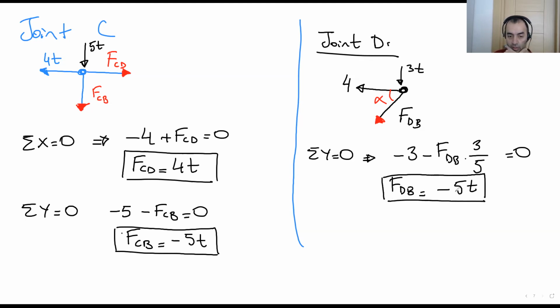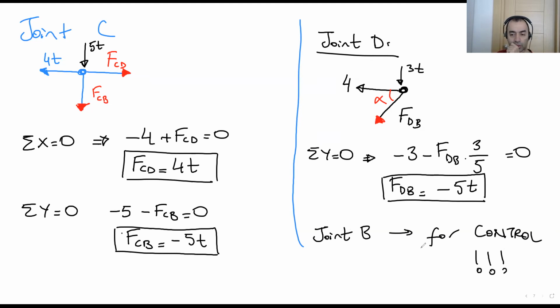So we have just completed each point and each member. If you like, you can make a control. You can write this equation on joint B for check, for control. It depends on you.